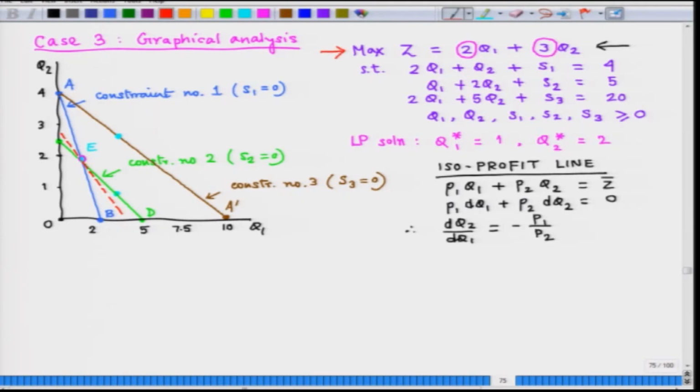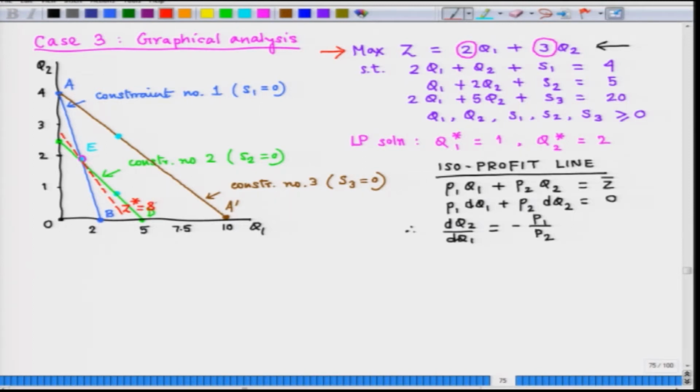Although I have not calculated the exact slope of this iso profit line, I just approximated it through this red broken line. Let me assume this particular iso profit line takes value z star equal to 8.